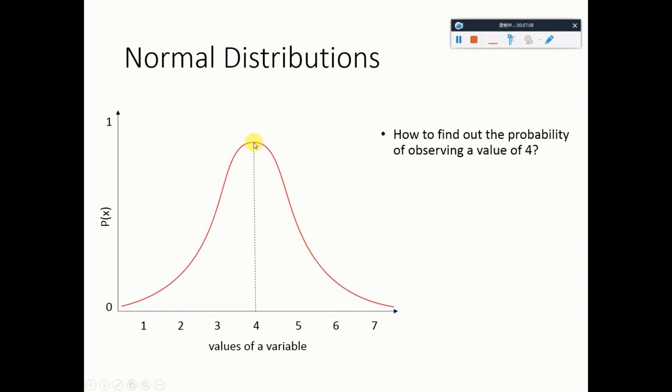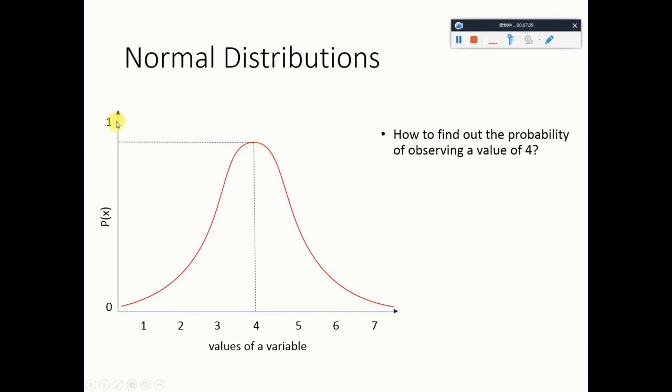And right at the point of intersection, we draw a horizontal line parallel to the x-axis, and make this line intersect with the y-axis. And this intersection point should be the probability of observing 4.